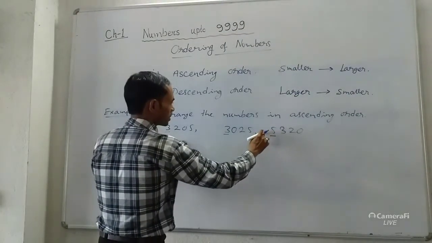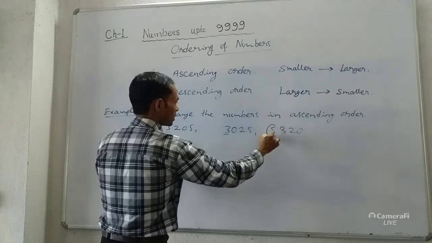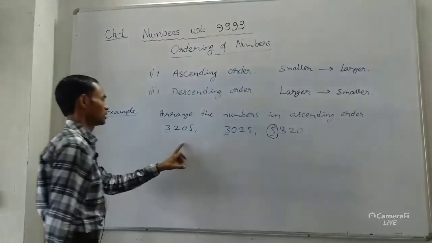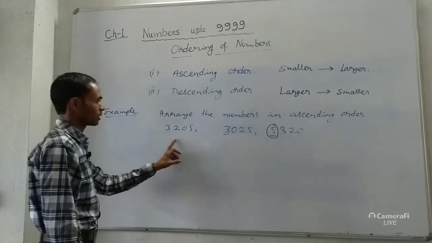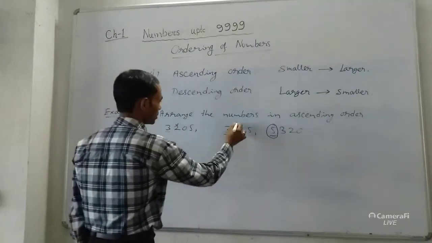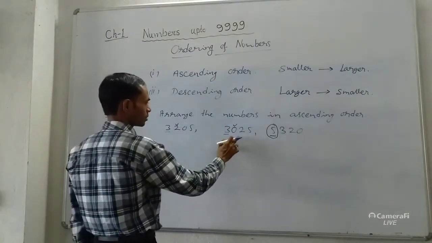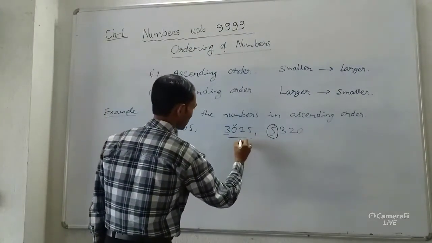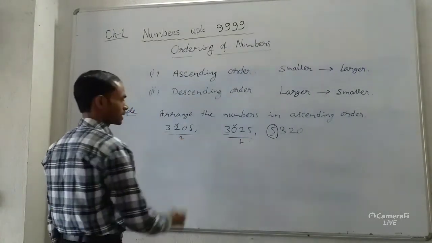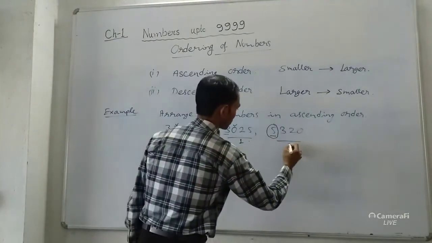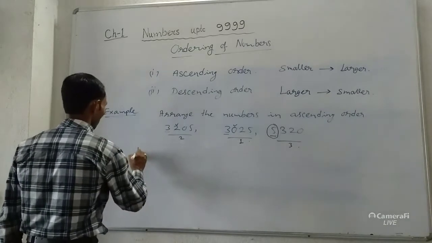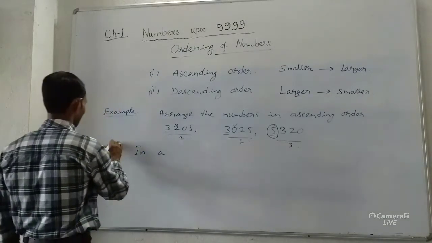So smaller will come from these two because this is the larger. We get the first leftmost digit is 5, so this one becomes the larger. So 5320 is the largest. Now we have to find which one is smaller among these two. So check the next digit. Here is 2, here is 0. 2 is greater than 0. So this one becomes the first smallest number. This becomes the second smallest number and it is the largest, so that is the third position. So in ascending order, here is the answer.